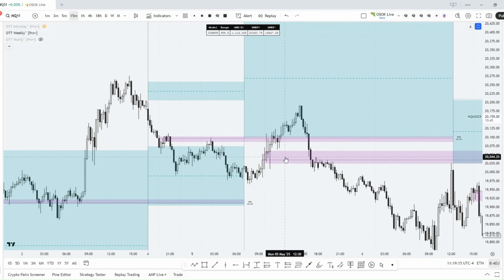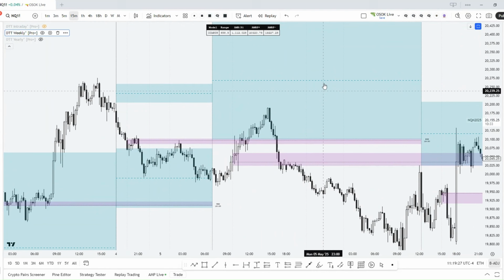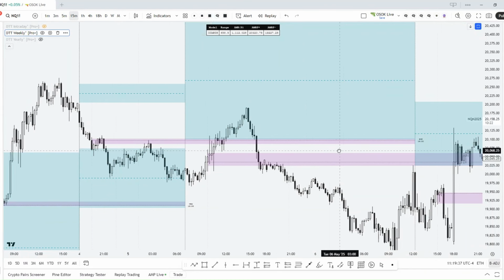So if you ever miss the trade in the first model, that's why this indicator helps me be really patient, because if I ever miss the model, then I just literally wait for the next model to pop up. It gives me some new ranges to work with. And then I look for the same thing. I just hop in a trade at that point. Basically, if I miss the first bus, I join in on the next bus, right?